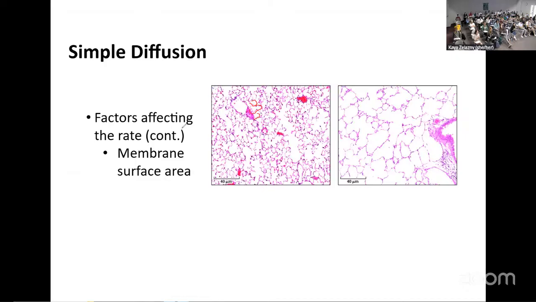So that's going to be easier to transport stuff than if we had less surface area, less membrane, where we might have oxygen and the inside of a lung cell coming in contact. So when we get to the lungs, we'll see that they're structured as a bunch of tiny little air bubbles with tiny little capillaries interspersed throughout, and that's why we're maximizing our surface area.